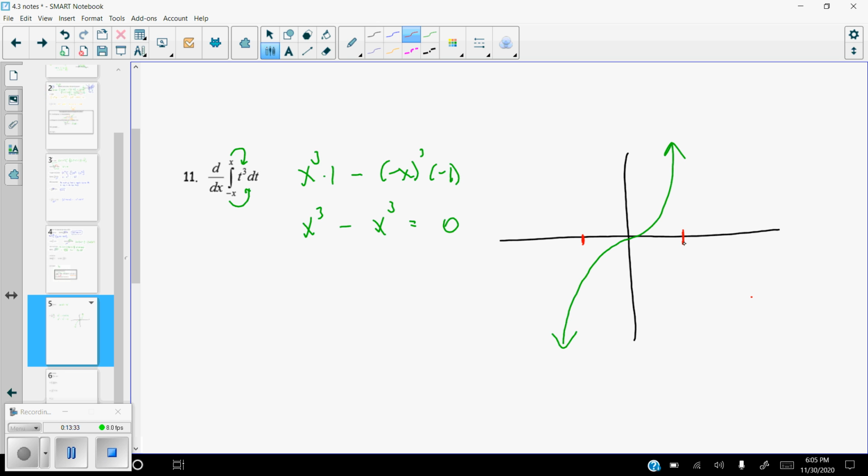The area between the curve and the x-axis here, and the area between the curve and the x-axis there is exactly the same. One positive area, one negative area, adding those together, they will cancel each other out and give you 0. Now this works for odd functions because t cubed is an odd function symmetric to the origin. So as long as you go from the same left bound to the same right bound, you're always going to end up with 0 for an odd function.